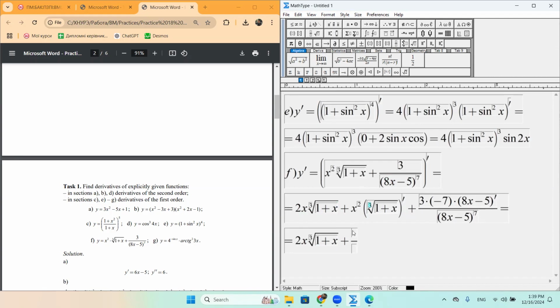So it will be multiplied by 1/3, and the power will become -2/3. So x square in the numerator, and this expression will be in the denominator, but don't forget the power. So in power of 2.